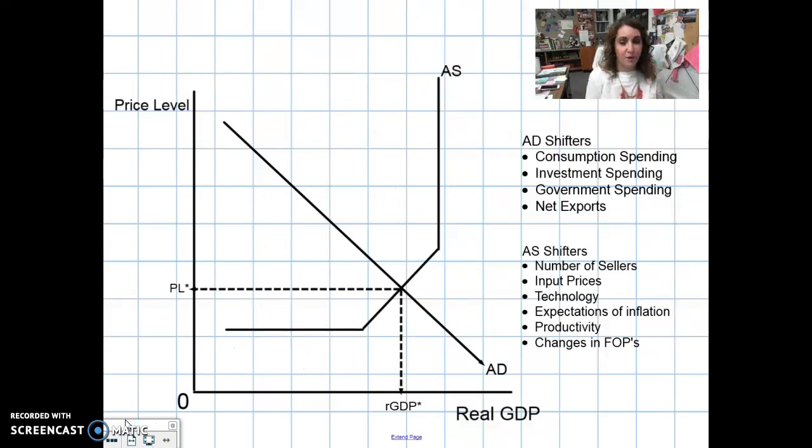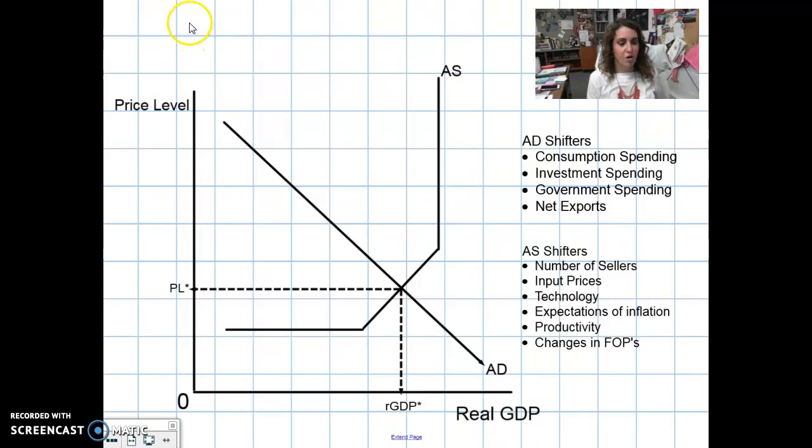Okay, so now we have a brand new graph, and I'm going to make something up that shifts aggregate supply and see what happens to price level and GDP. Because remember, you have to do your new equilibriums and show with arrows what happens to price and what happens to GDP. So let me do just a simple one, number of sellers.